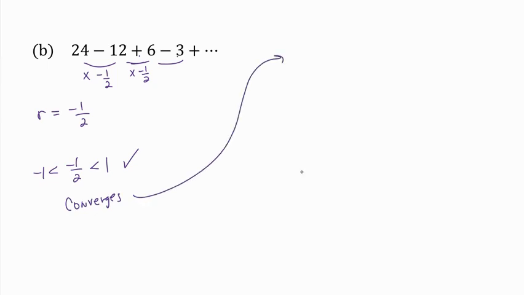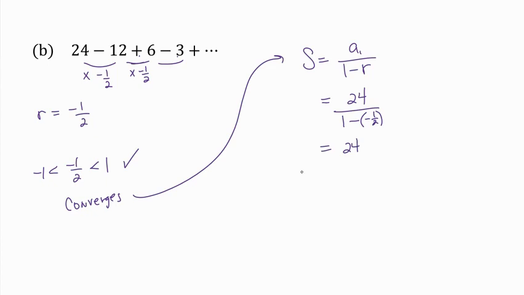So now we can go use our formula. We do the first term divided by 1 minus the common ratio. So I'm going to do 24 over 1 minus, remember that minus is part of the formula, and then our common ratio is -1/2. Watch your signs there, be careful. So that would turn into 1 plus 1/2.